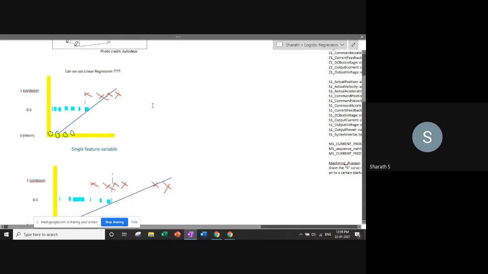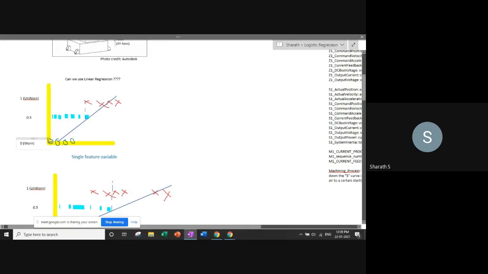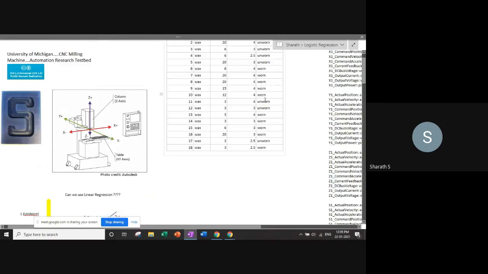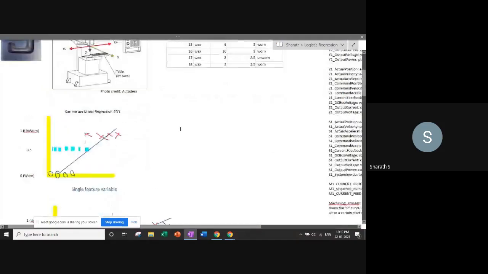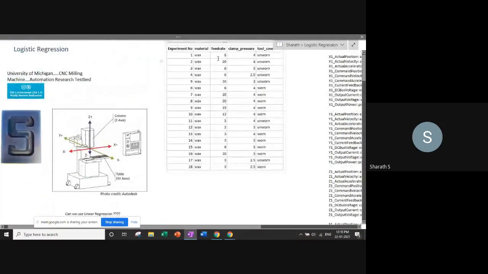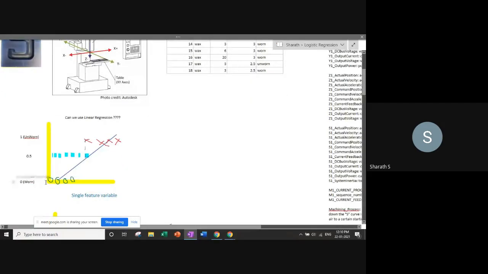And then you have examples. For the value of a certain X, suppose you are only looking at one value, feed rate, and you say for this feed rate, my classification is 0, 0, 0. You are putting it here, and as per my experiment, for the unknown, for this feed rate or feature variable, I have x, x, x.